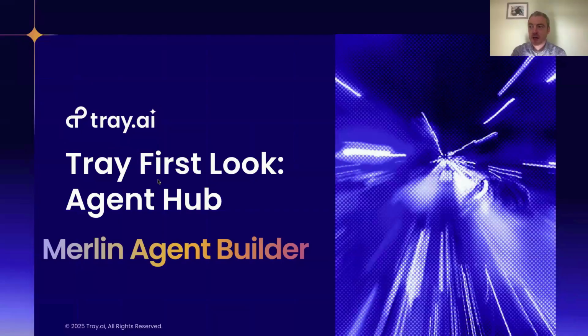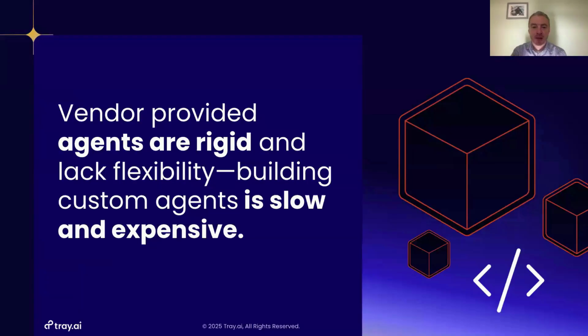Great, thanks Tom. So before we jump into what is Agent Hub, what we're seeing in the market is there are really two ways right now to adopt agents. There are a number of different types of vendors out there, but primarily it falls into two categories. One, you go with a prepackaged, out-of-the-box agent from a SaaS vendor. It gets you up and running very quickly, but it lacks the flexibility to do two things. One, deliver a great experience for your end user.